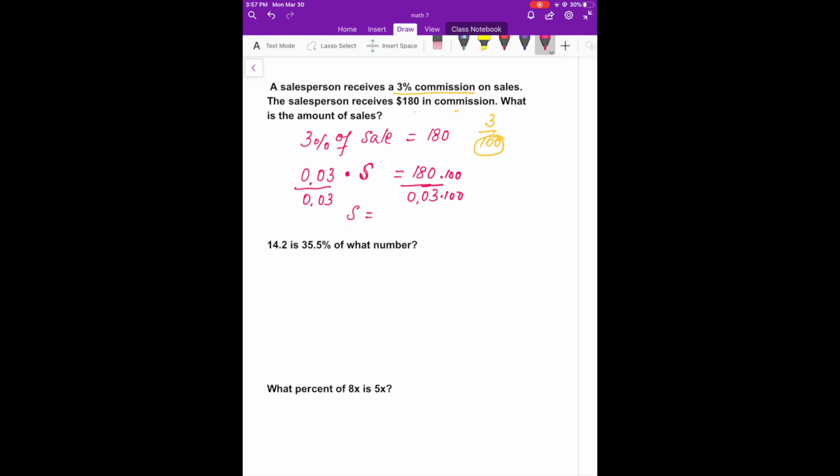So you will get s is equal to 18,000 over 3, which is 18 divided by 3 is 6. So that's 6,000. So he actually made a sale for $6,000.